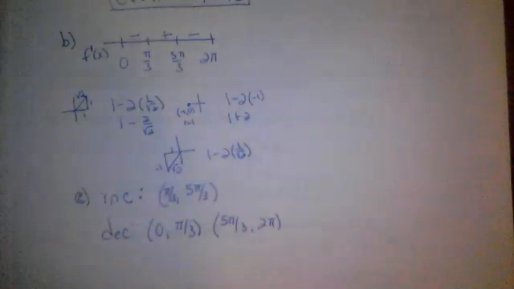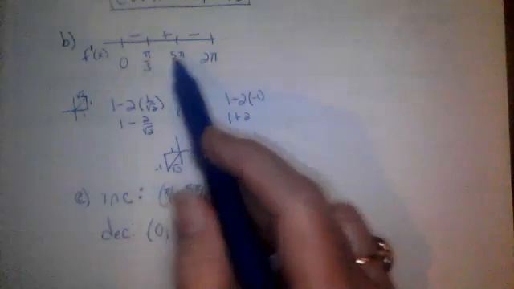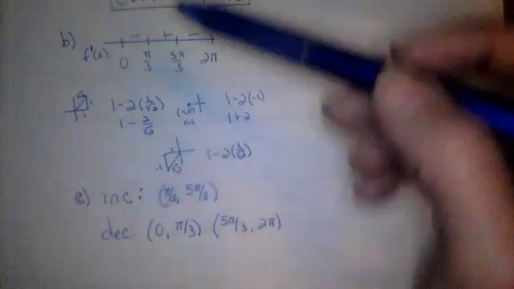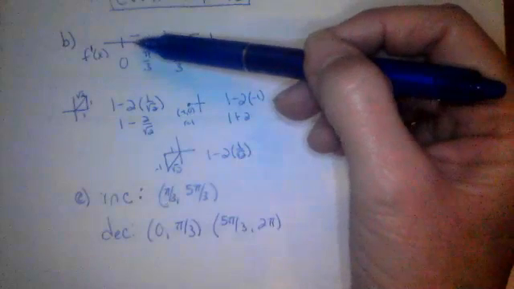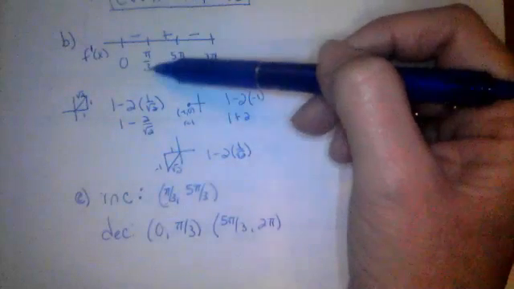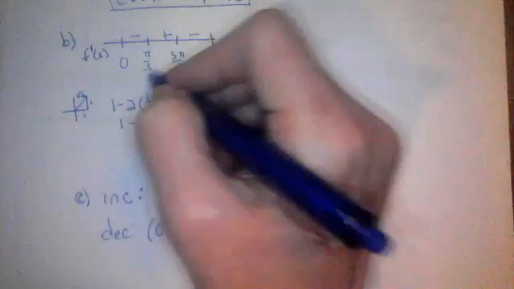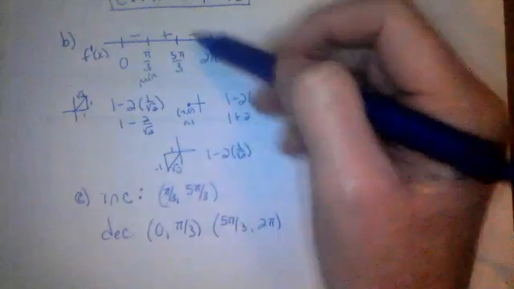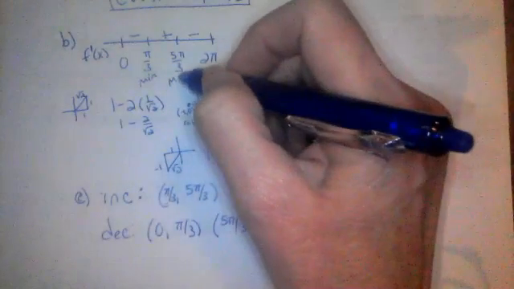And then also, it had asked me on part B, I didn't really finish, about my maxes and mins. Well, if I'm going from negative to a positive, decrease to increase, this is going to be a minimum. And this one's going from increase to decrease, so this one would be a maximum.